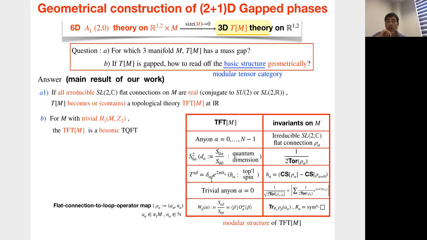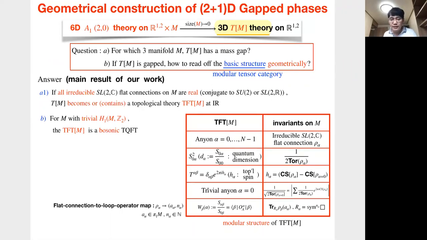And to fully determine the topological spin, we should also specify which flat connection corresponds to the trivial anyon. Among these anyons, there is the so-called trivial anyon, which corresponds to the trivial loop operator. And this trivial anyon can be determined by this criterion.